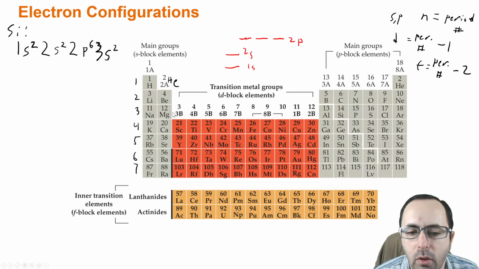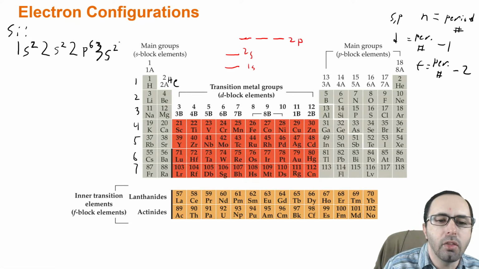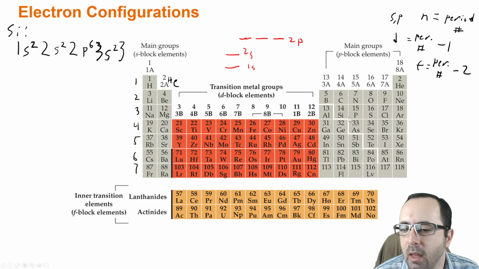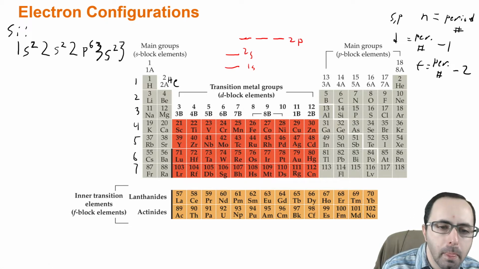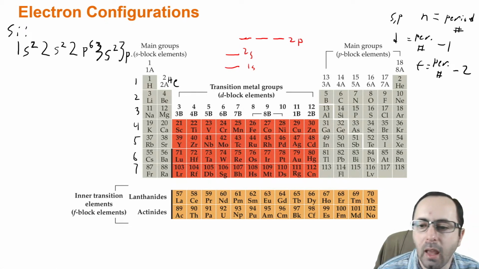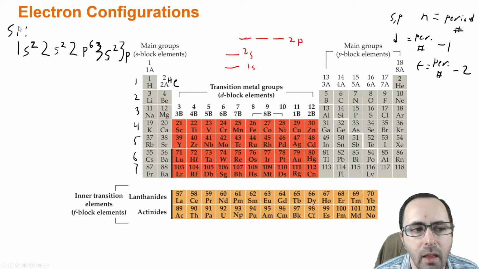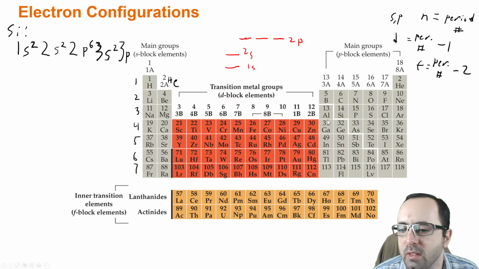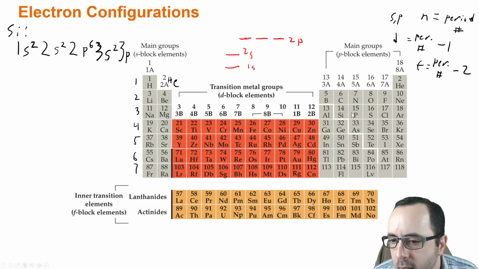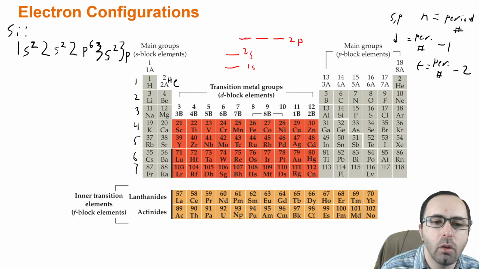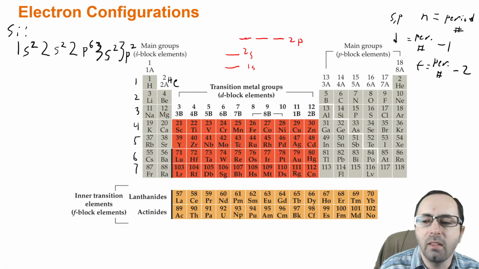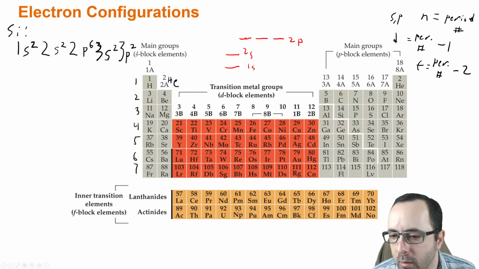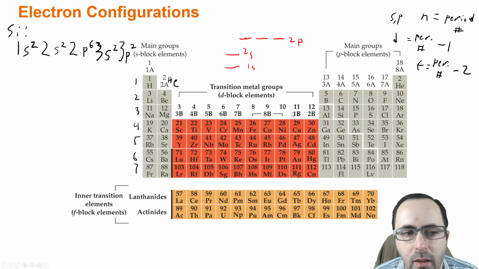Then we travel across this empty space. We're still in the third row, so we write 3, but this time we're in the P area, so we write P. Then we count till we get to the atom we were looking for, which is silicon. So we count 1, 2 spaces, and we write 3p2.